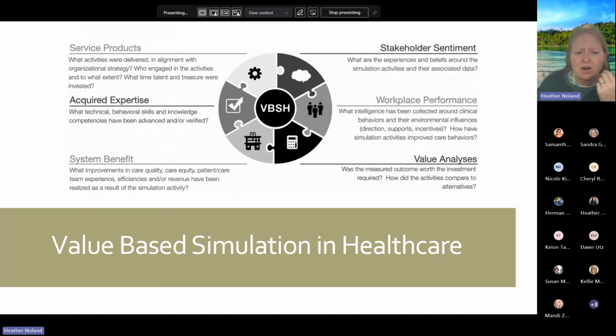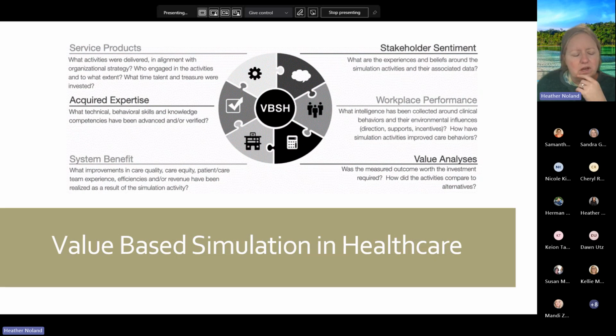Circling back to this model, that's where most of these areas are coming from. Looking at the quality of the simulation impact that it's making, whether it's on a unit, on a curriculum, on a workforce, looking at it from that aspect.